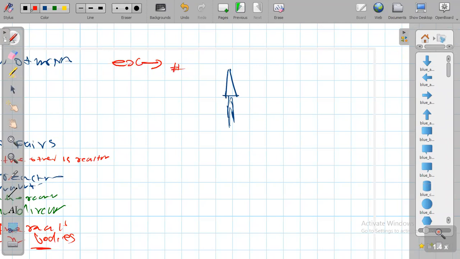A rocket imparts fast moving air, gas, out of the rocket, applying a certain force of F. And the rocket, what does it do? It gets the reaction force from the gas.